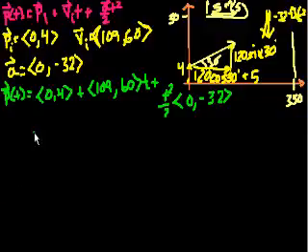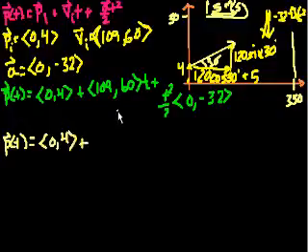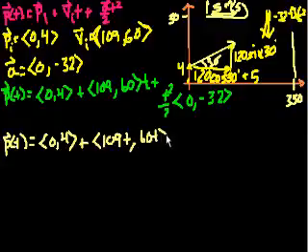So let's see if we can simplify this. Our position vector at t is equal to 0, 4, plus, and now we can distribute this t, multiply it times both of these, 109t, 60t, plus we can distribute this t squared over 2.